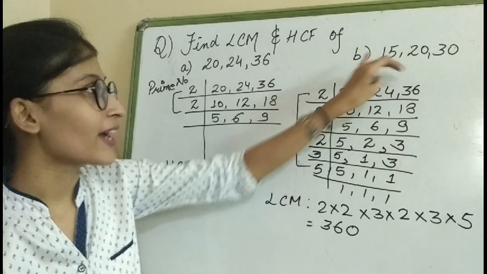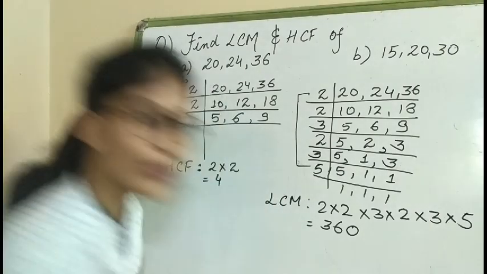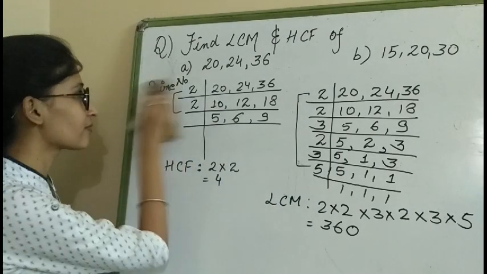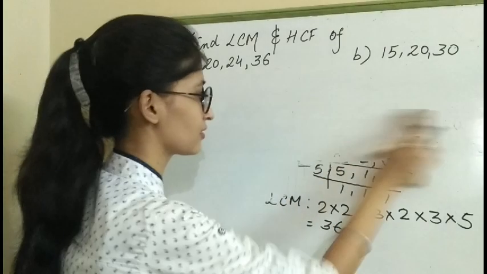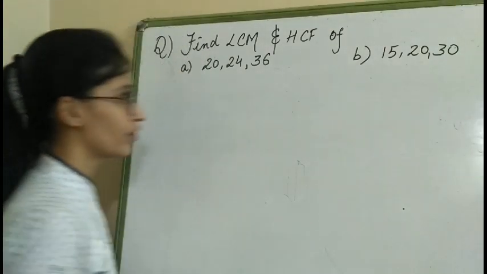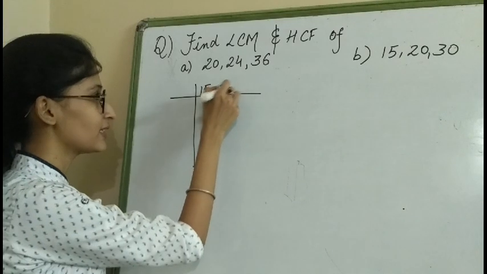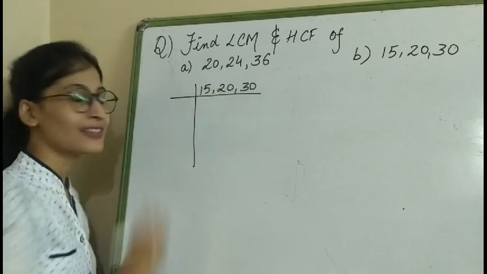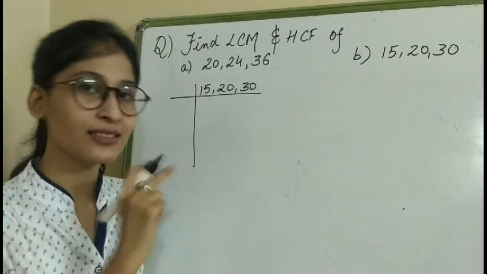Next we are asked to find the LCM of 15, 20 and 30. So again we are going to start the same way. First what I am going to do is 15, 20 and 30. Think of a prime number which can divide 15, 20 and 30.